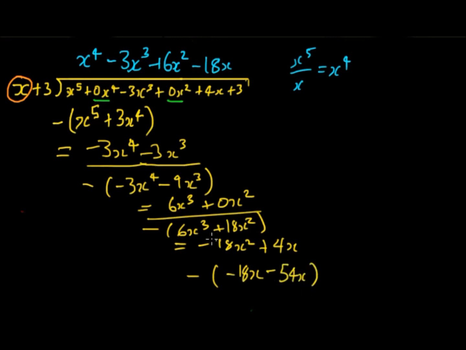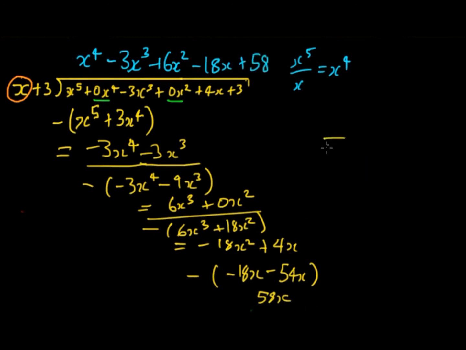And you can always check at every step that whatever this term is here must cancel out with this one by calculation, because with this you're dividing by x and then you're timesing by x, so these terms have to cancel out, which they do. And then 4x plus 54x, so it's going to give us 58x. That's going to give us plus 58.